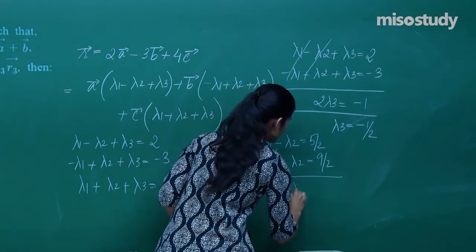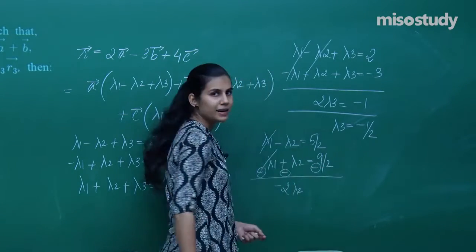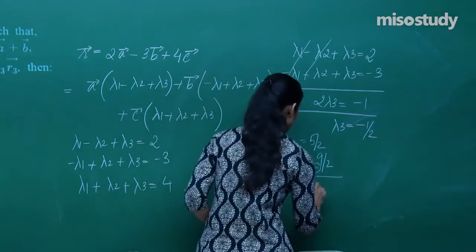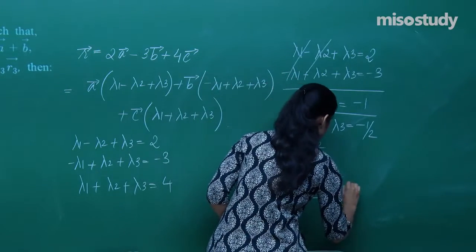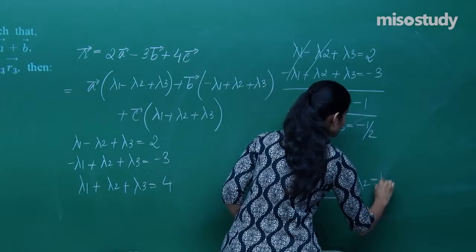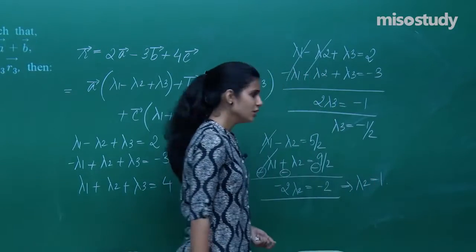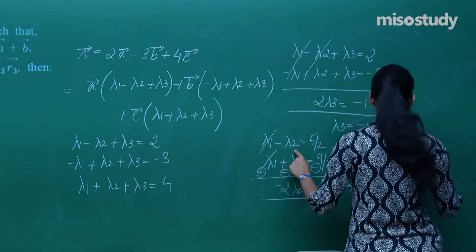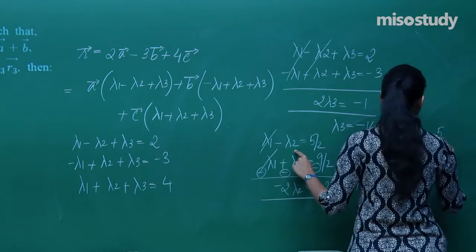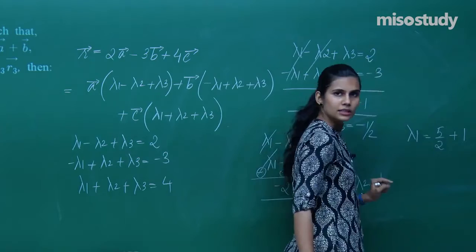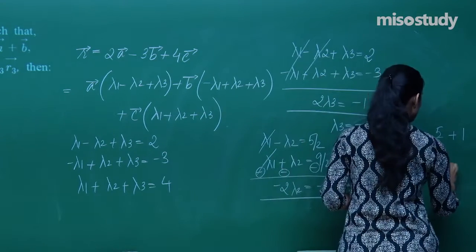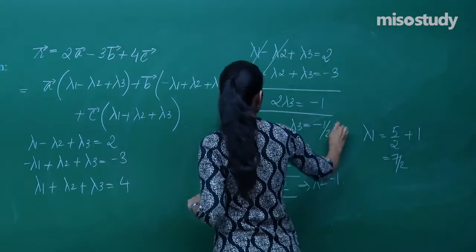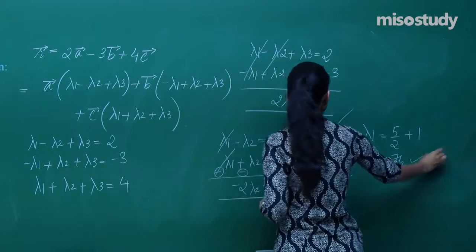You have minus 2 times lambda 2 equals 5 by 2 minus 9 by 2, which is minus 4 by 2, which is minus 2. And therefore lambda 2 comes out to be 1. What about lambda 1? Lambda 2 is 1, so lambda 1 is 5 by 2 plus 1, which is 7 by 2. So lambda 3 is minus 1 by 2, lambda 2 is 1, lambda 1 is 7 by 2.